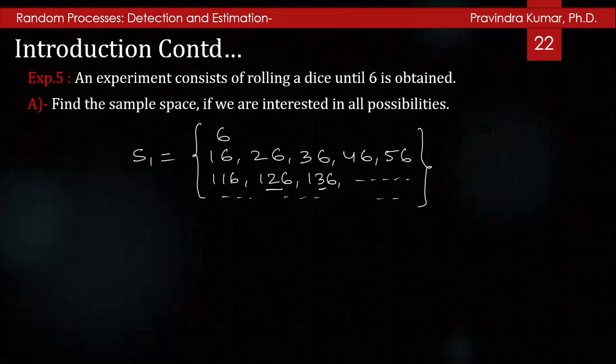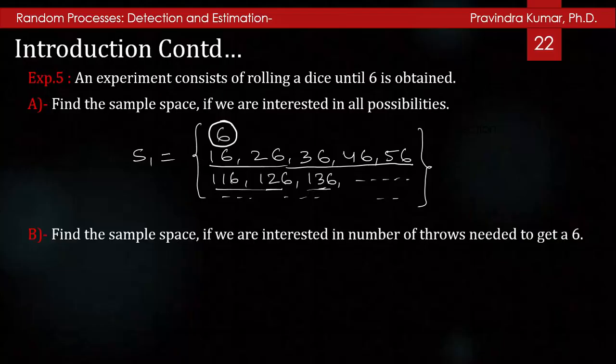Here the first entry indicates that 6 is obtained in the first throw, the second indicates that 6 is obtained in the second throw, and 6 is obtained in the third throw and fourth throw, and so on. So these are all the possibilities.